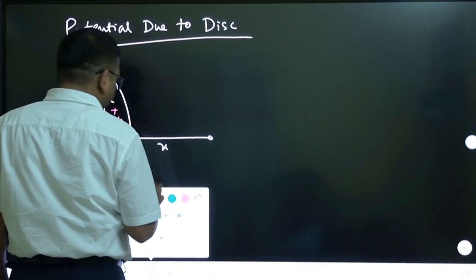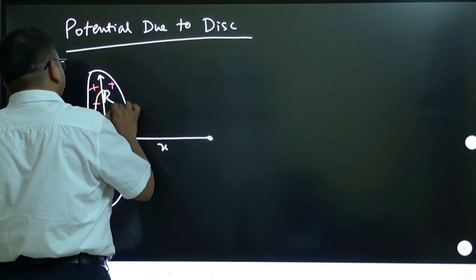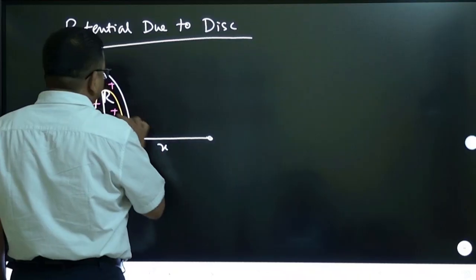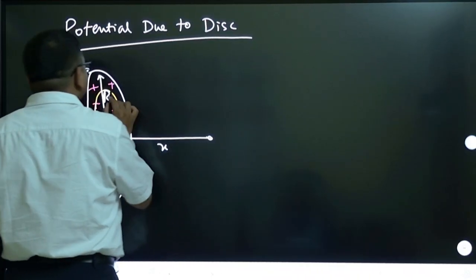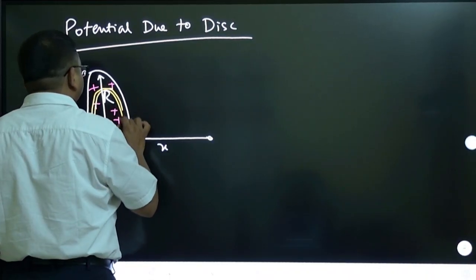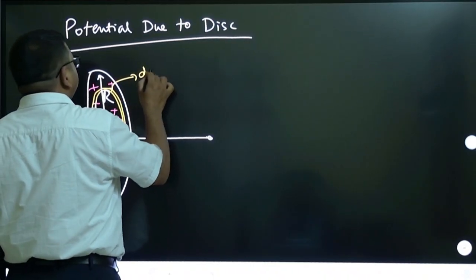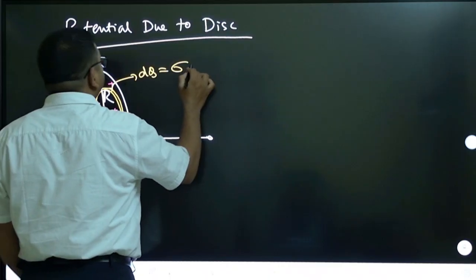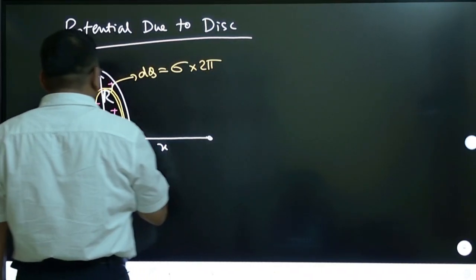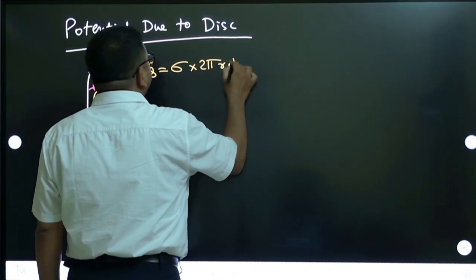What will be the potential at this point? You have to again take a small ring, and due to this ring a small potential will be there, but this ring will have some thickness, right? So the charge on the ring dq, already we have discussed, is sigma into 2 pi small r dr.